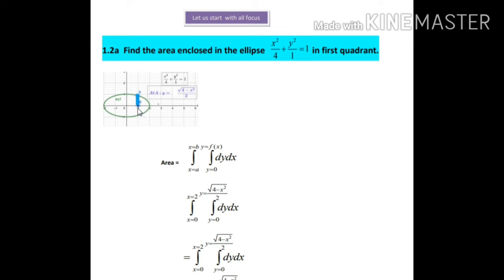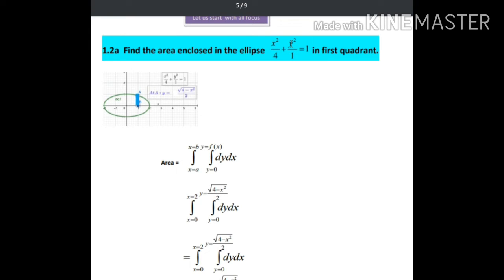Now we need limits of y, so this vertical strip varies from here. Point B is on the x-axis. On the x-axis the y coordinate is 0, so y varies from 0 to point A. At point A, how will you find y? Point A is on the ellipse, so on the ellipse just simplify y square by 1 equal to 1 minus x square by 4.